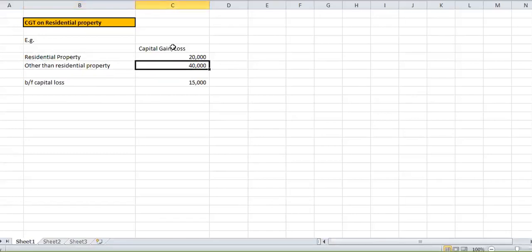Let's increase our gains a bit. Yes, so this is a small example. What is the requirement?